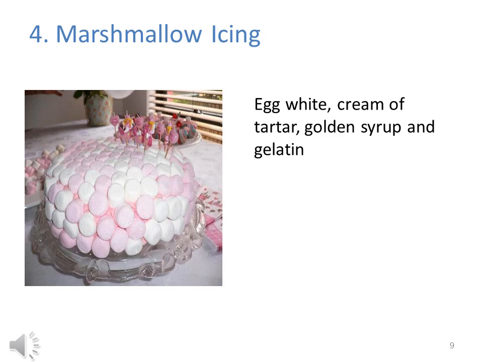For making the marshmallow icing, first you need to separate egg white into a clean vessel, add a pinch of cream of tartar and beat to a stiff froth over a double boiler. Then gradually add golden syrup over the egg whites and continue beating till the mixture becomes very thick and creamy.